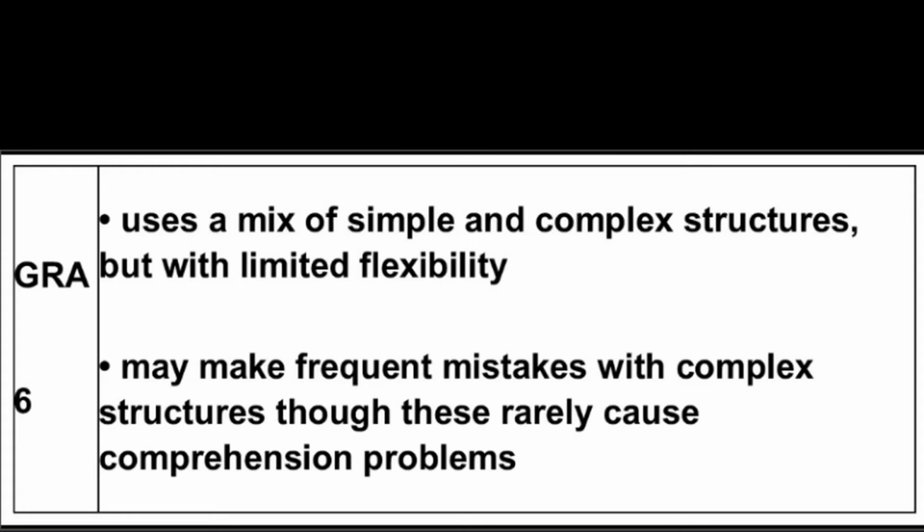For the grammar, I'd say a 6. I mean, she did make a lot of mistakes in the grammar, but the grammar was not the cause of the comprehension problems. The vocabulary and the mispronunciation was the cause of comprehension problems. Let's look at some grammar.